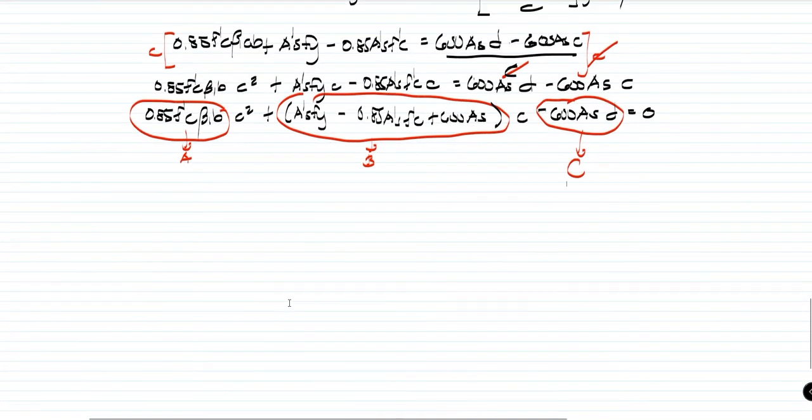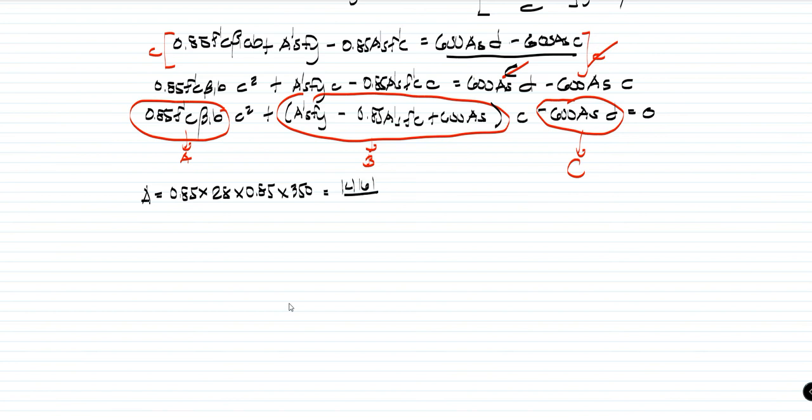So getting the values of those coefficients, we have A is equal to 0.85 times 28 times 0.85 times B is 350. This is same as the previously calculated value, which is equivalent to 14,161 over 2.